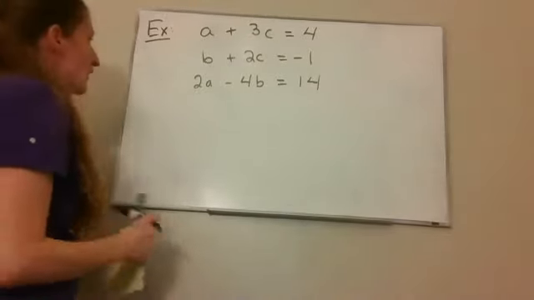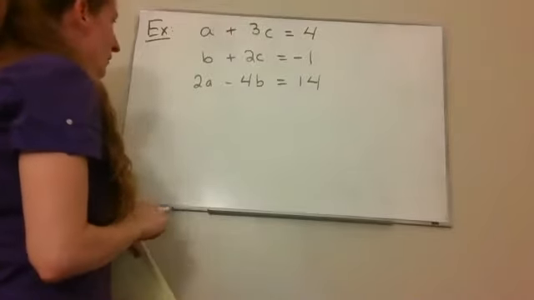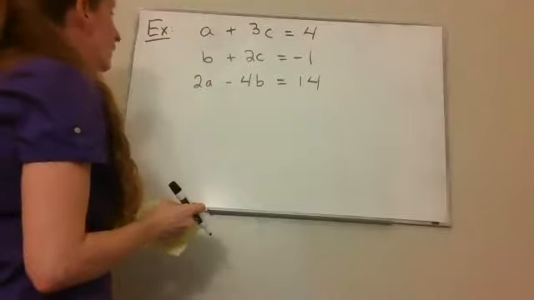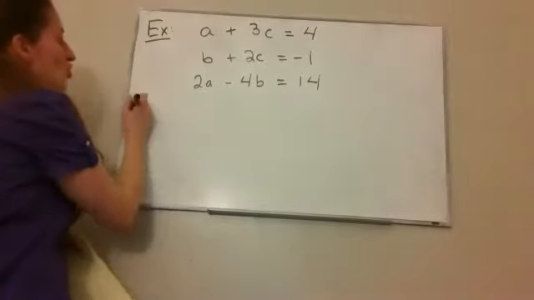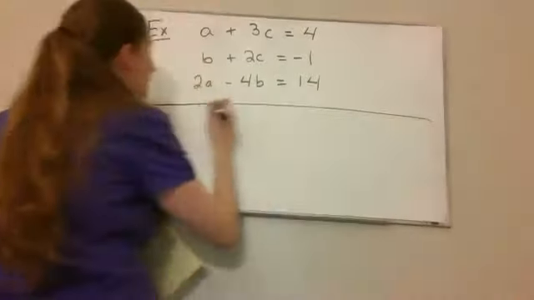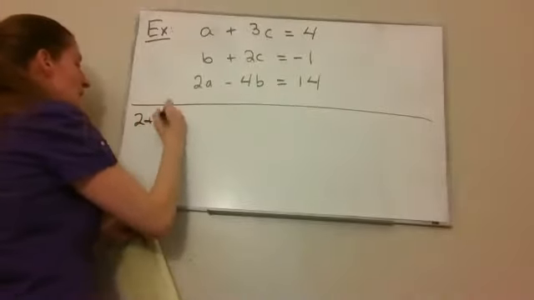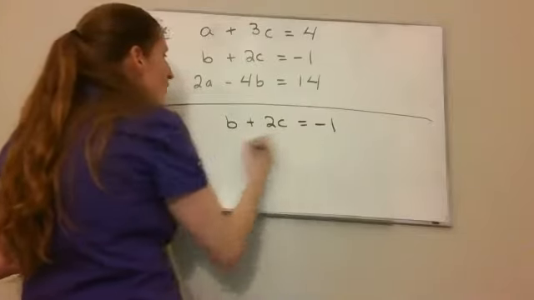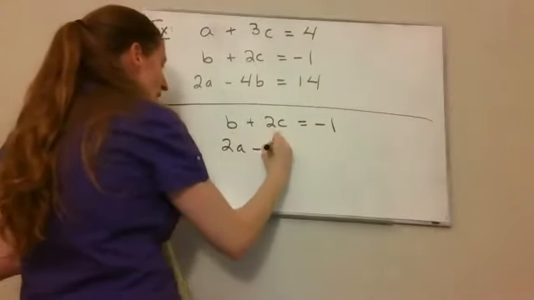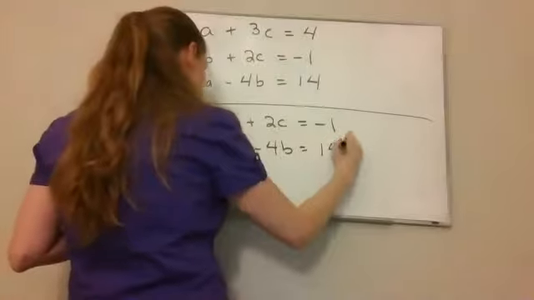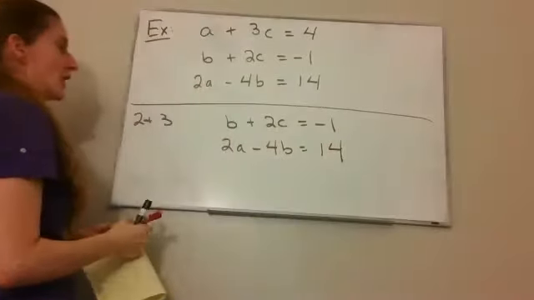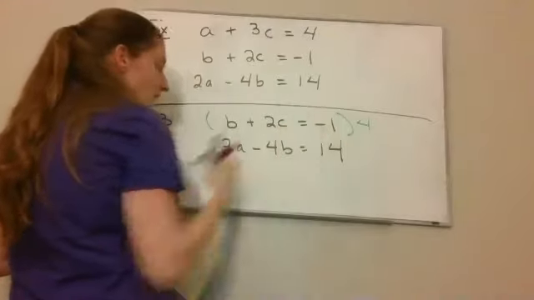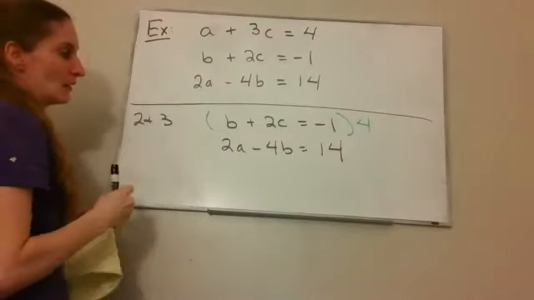I still need to try to eliminate a variable by choosing 2 of the equations. If I choose equations 2 and 3, B plus 2C equals negative 1, 2A minus 4B equals 14. If I multiply the top equation by 4, then I can eliminate the B's.